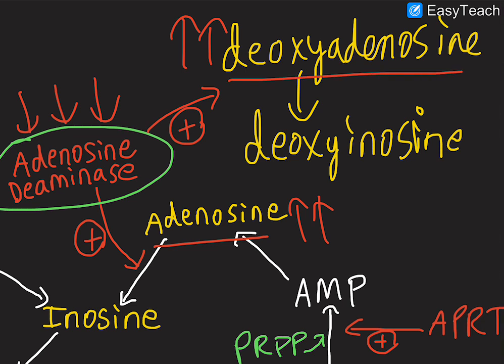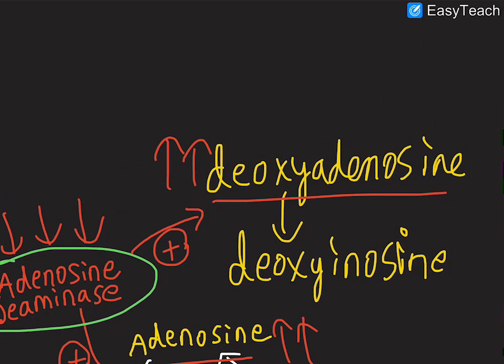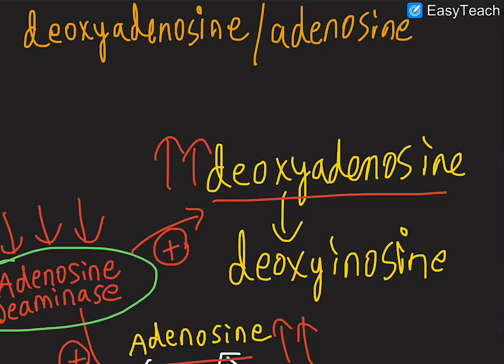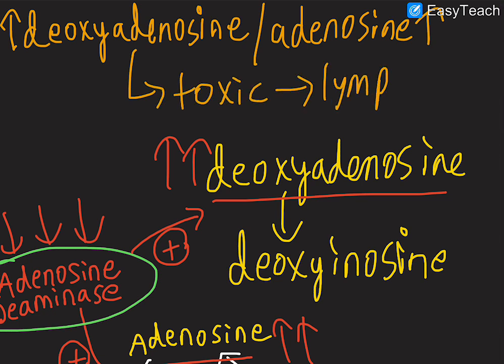And why is that bad? Well, both deoxyadenosine and adenosine are actually toxic to lymphocytes. So let's write that down. Deoxyadenosine and adenosine at elevated levels, because we're building these up since adenosine deaminase isn't working, so we draw an up arrow here, can be toxic to what?